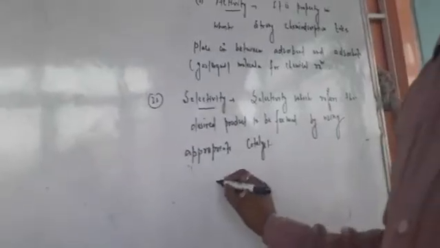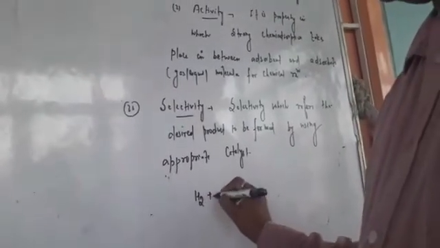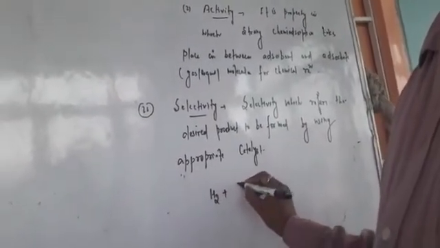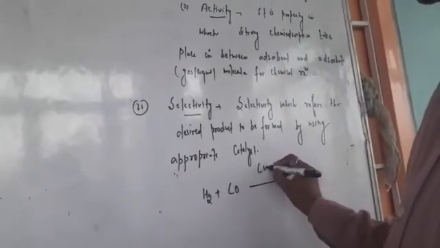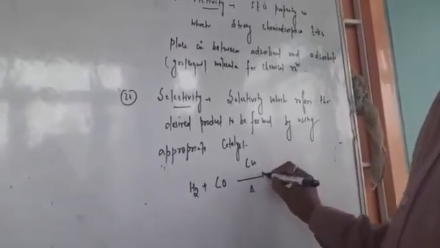For example, H2 in the presence of Cu, when we react with copper and heating, it forms formaldehyde.